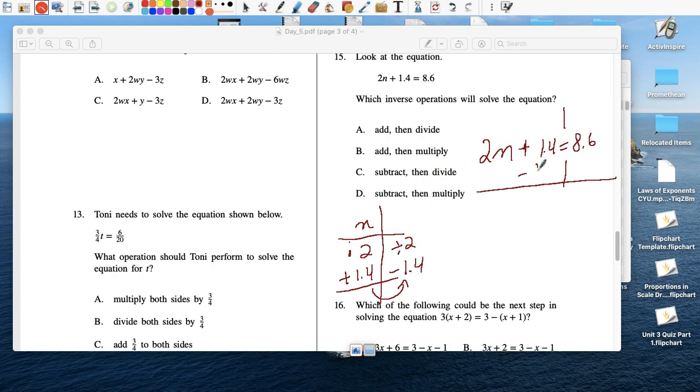So minus 1.4 on both sides. That goes away, and this becomes 7.2. 2n is the only thing left on the left side. Then to isolate n, I divide that by 2 and divide that by 2. I know it's not asking for the answer, but those are the two steps: subtract 1.4 and divide. Here we go.